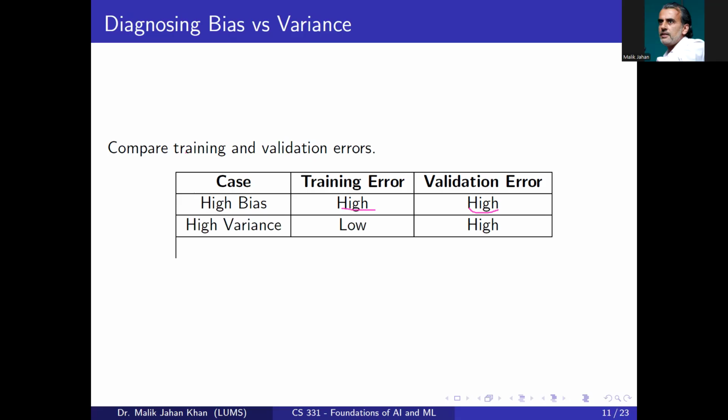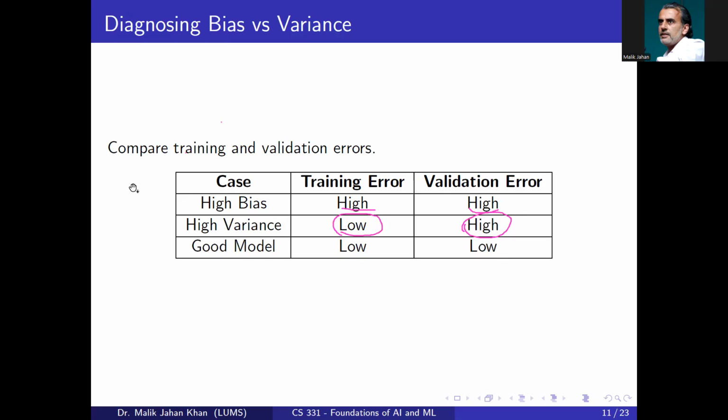Okay. If variance is high, तो that means कि आपका जो expected value of predictions हैं, they are spread all over the place. उनका spread is pretty wide, which means that is going to induce a high error on validation data, which has not been used for training, but it can give us low training error.